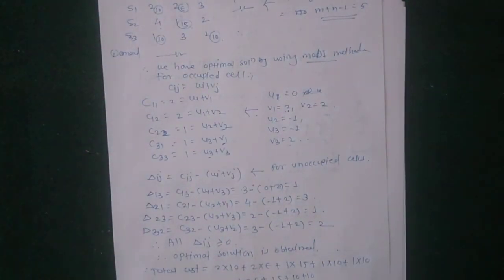This is our solution of the degeneracy problem by using the Modi method here. Okay, this is the solution of the given problem, and this is a type of degeneracy of the second type. Degeneracy of the second type means degeneracy occurs during the solution stages. Okay.